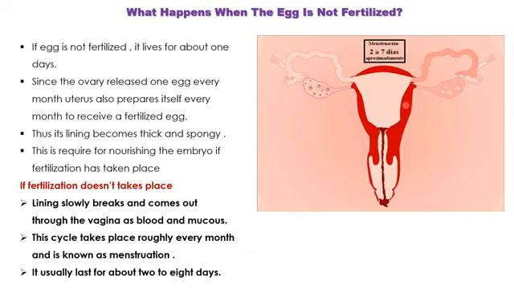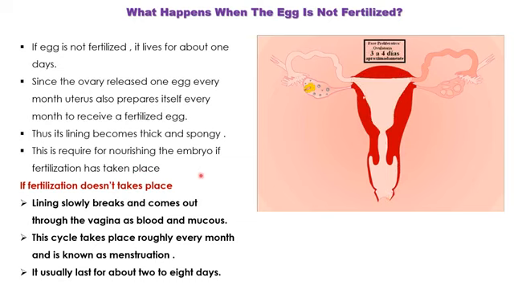And when the walls break out and come out, definitely there are small blood capillaries and mucus which will also come out, and this causes menstruation, or it is a cycle of different changes taking place in the uterus in a female. Okay, and this cycle is about 28 days, but that varies from female to female. So this is what is called menstruation.